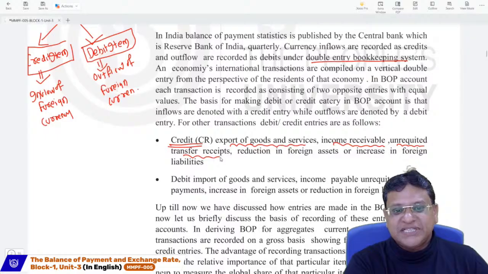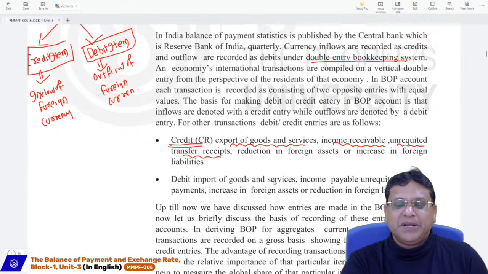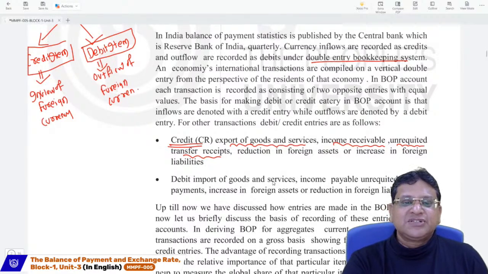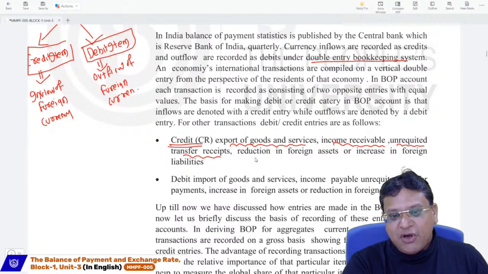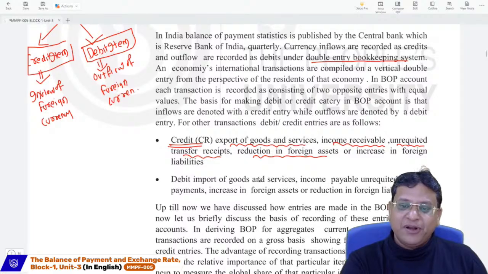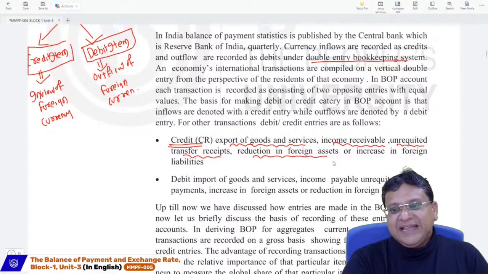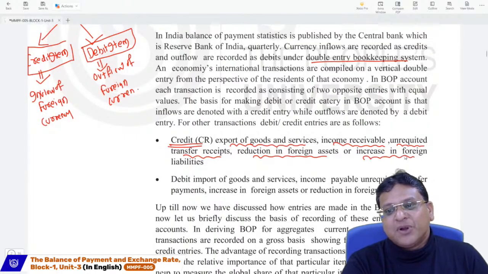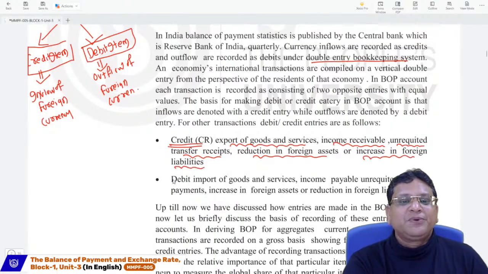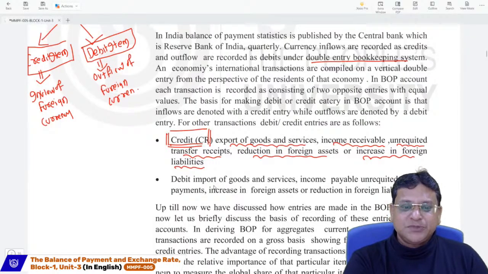Unrequited transfer receipts, if there is any transfer received from another country, that is a credit item. Reduction in foreign assets means sale of foreign assets. When you sell any foreign assets, foreign currency flows into your country. Increase in foreign liability, foreign liability means foreign loan. If you take a foreign loan, there will be inflow of foreign funds, so it is a credit item. So credit items are over.